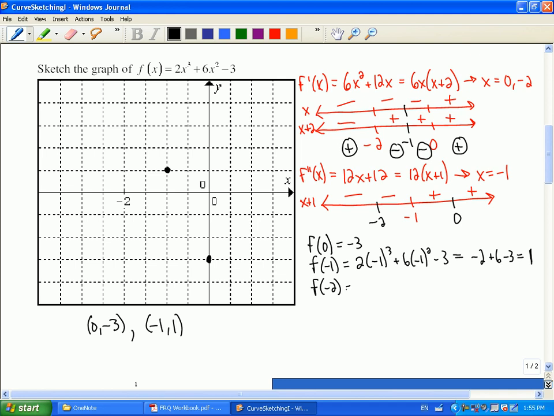And the last point, see where we end up now. That'll be 2 times -8, so that'll be -16. And 6 times 4, so that's +24, minus 3. So I believe I have 5 here. So -2 and 5.